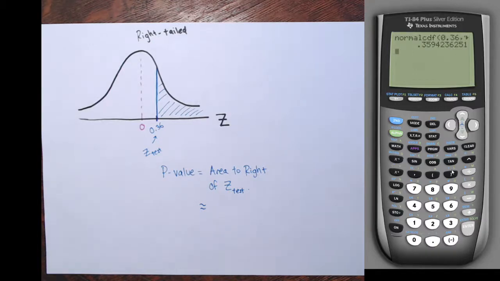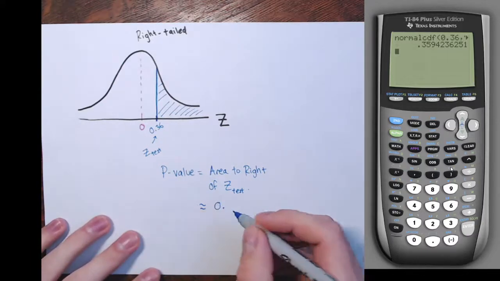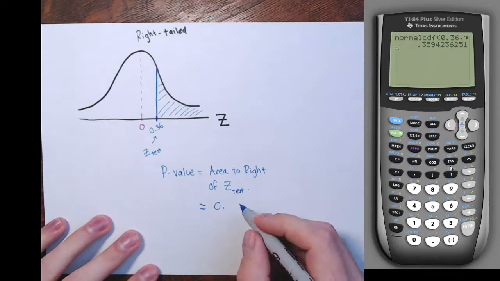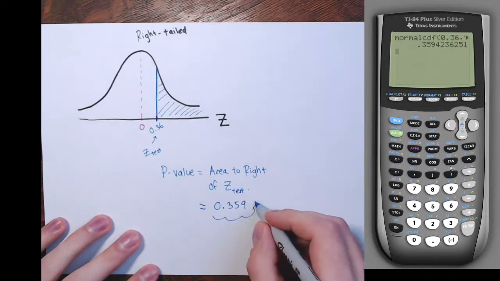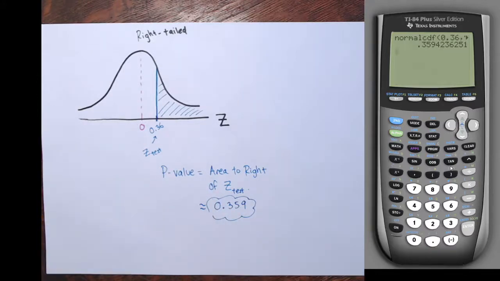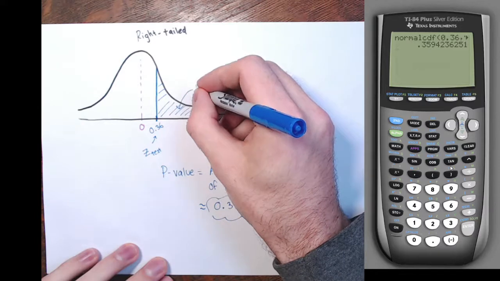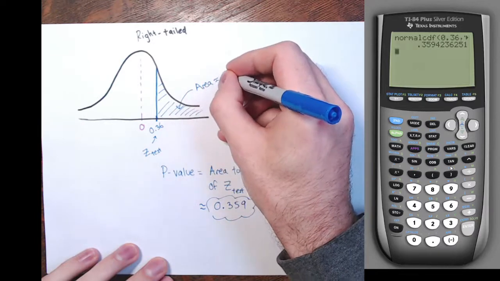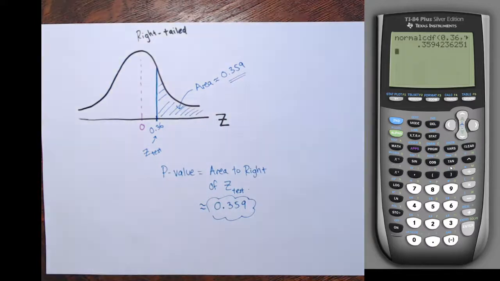And this area is about 0.359, almost 36%. And that would be considered the p-value. So again, this area is approximately 0.359. So the p-value is 35.9%, 0.359.